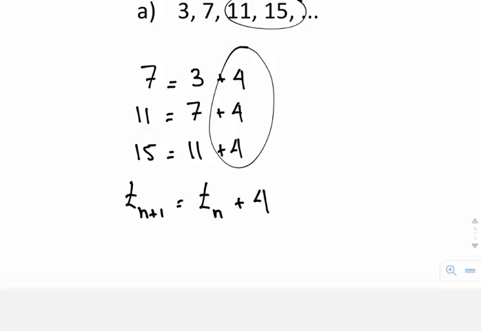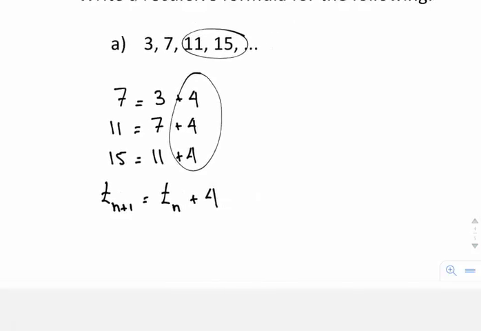And that seems to corroborate the examples that we've done above. In fact, if I wanted to figure out what t of 5 is, well, that's going to be t of 4, because n is 4, plus 4. Well, what's the fourth term? We have 1, 2, 3, 4, it is 15, plus 4. No surprise, it is 19.